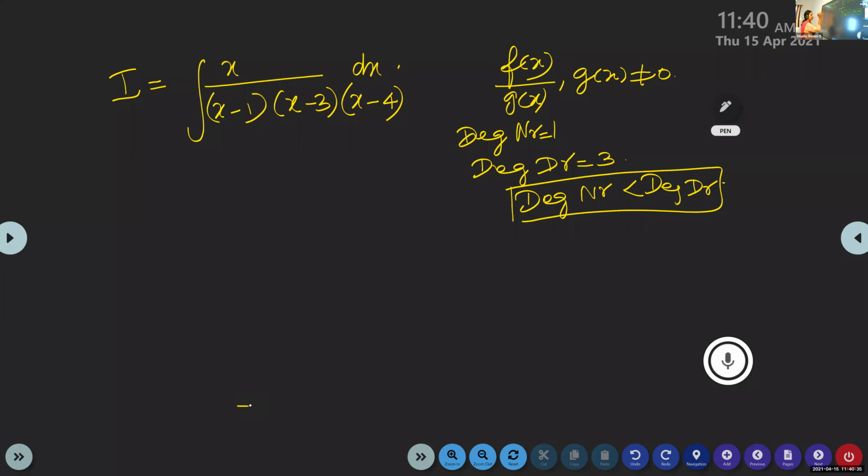You take the function inside the integration, x by x minus 1 into x minus 3 into x minus 4.